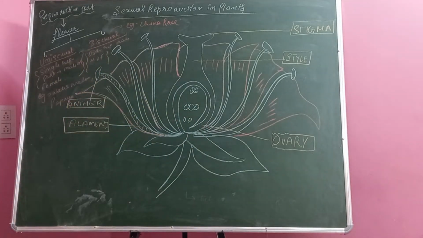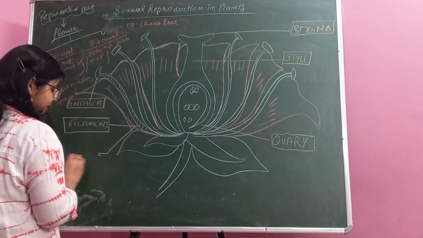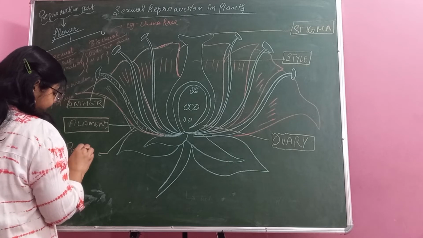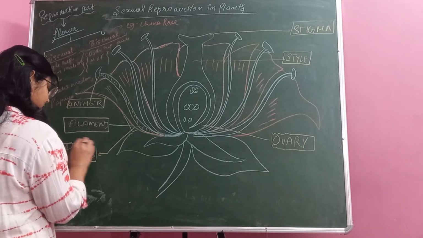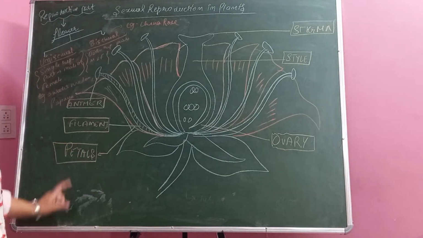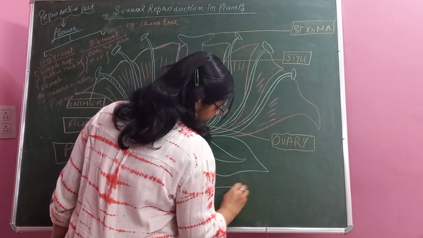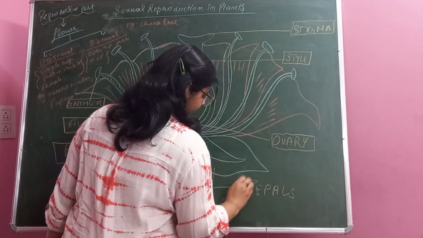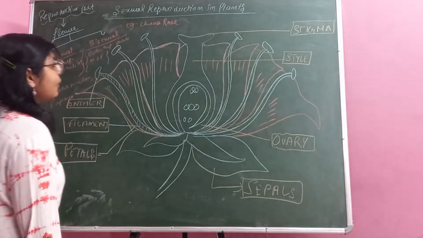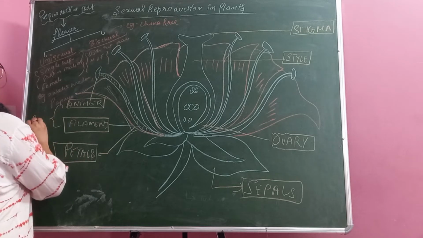This is the male parts. As you know, the other parts are very familiar to you: petals, and this is sepals. The male reproductive system is combinedly called stamen.